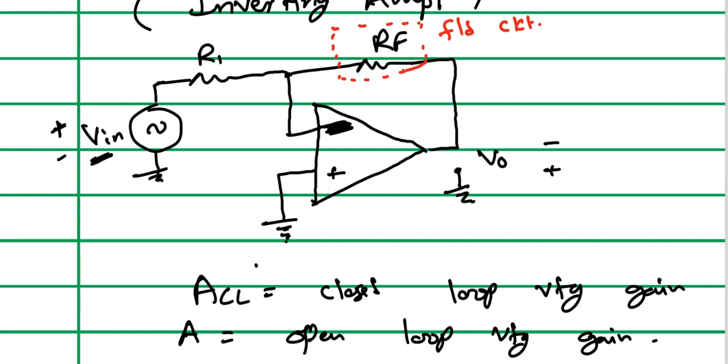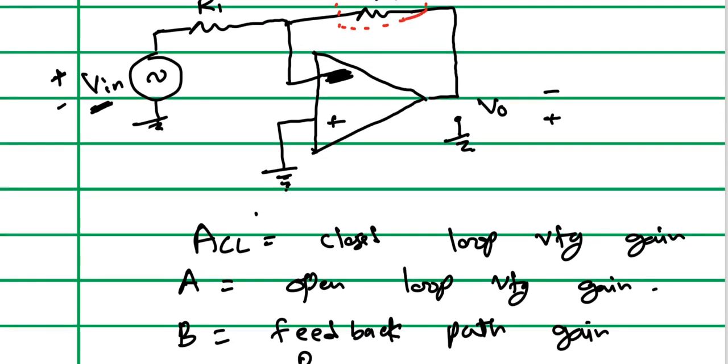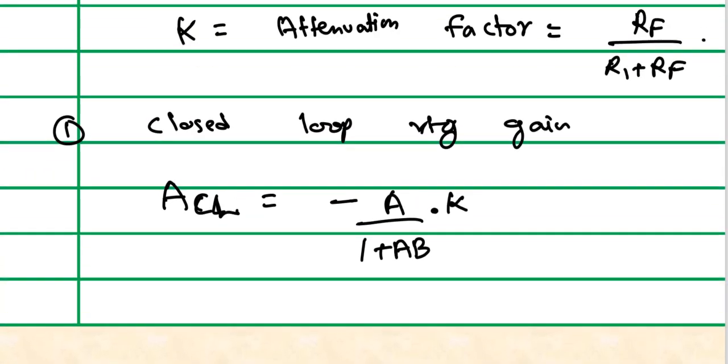And for non-inverting amplifier, what is your gain? A upon 1 plus AB. But here it is also getting multiplied by this attenuation factor K, and K is RF upon R1 plus RF.